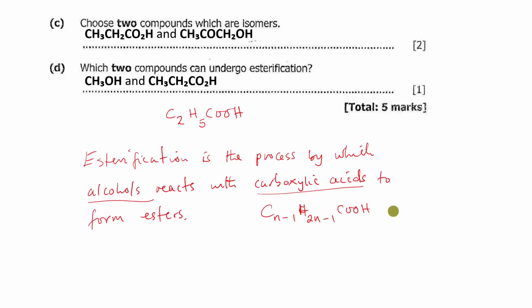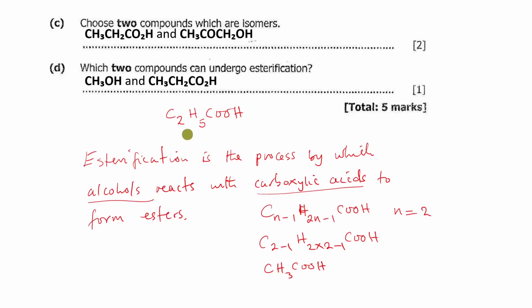Now I'll start with n is equal to 2 because when we tried n is equal to 1, it didn't qualify. So let's try n is equal to 2. So here we have C, we'll put 2 minus 1, H, 2 times 2 minus 1, COOH. So this one will be just C, because 2 minus 1 is just 1. Then 2 times 2, 4, minus 1, 3. So it will be CH3COOH.